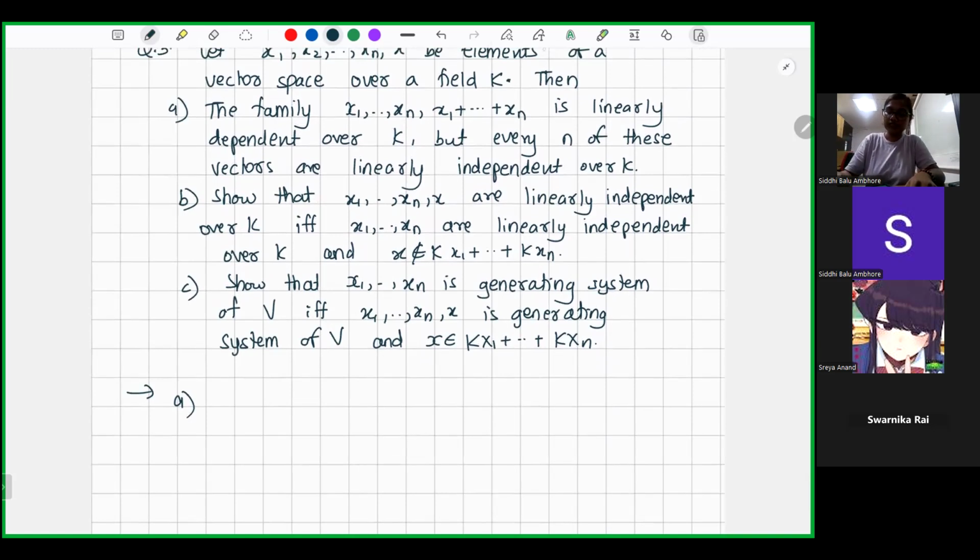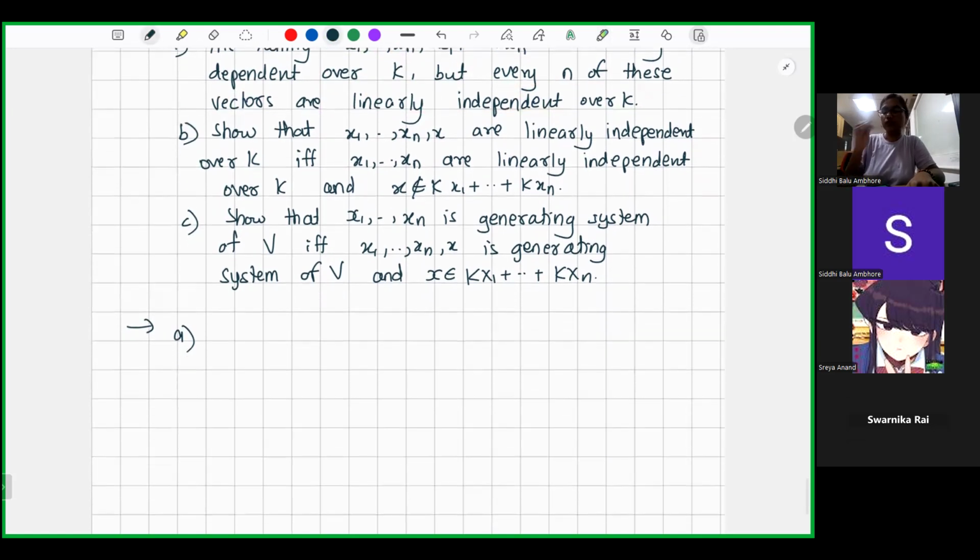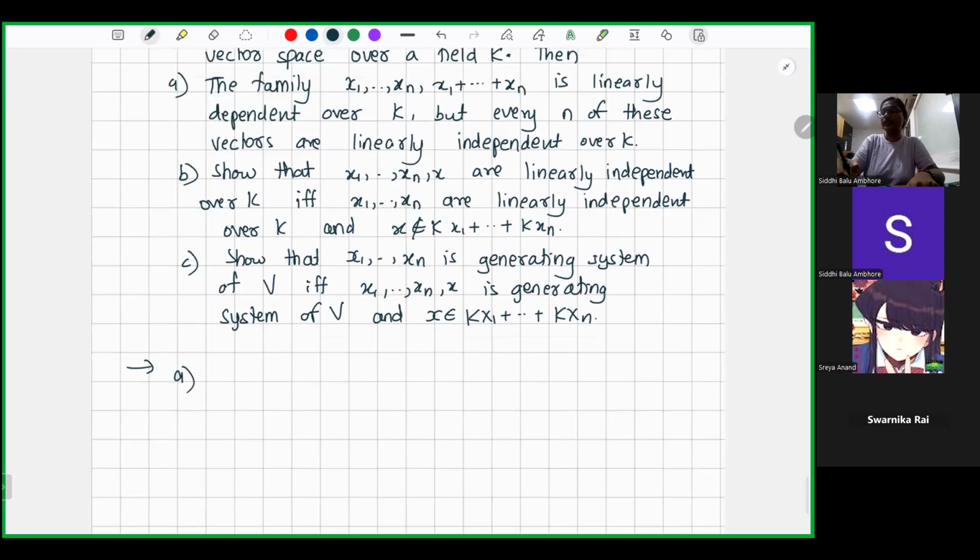So these are 1, 2, up to n elements, and this is the n plus first element, and they are linearly dependent over K. But they are saying that n of these vectors are linearly independent. When they say this, they are already assuming that these xi's are linearly independent.